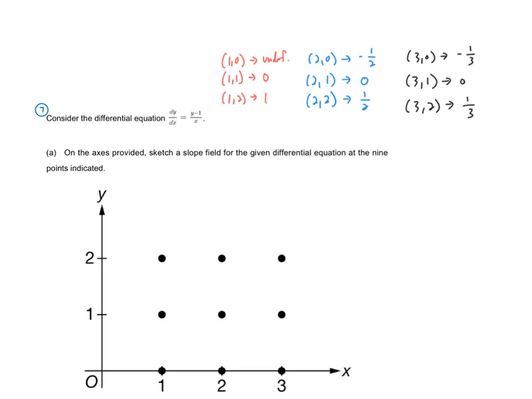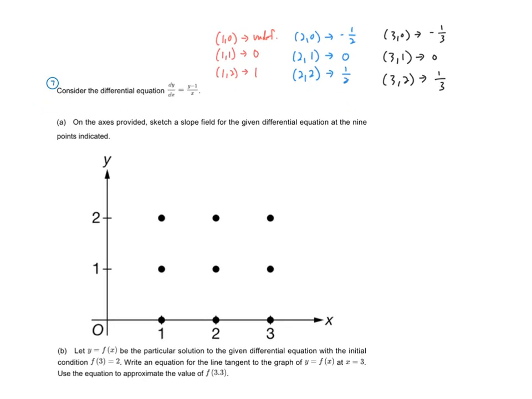Alright, now we'll just draw all these and estimate them. An undefined slope is just a vertical line. So at 1 comma 0, there'll be that line, so that's undefined. At 1, 1, the slope should be 0. At 1, 2, the slope should be 1. So that's a slope of 1, and just keep going like that. 2 comma 0 should be negative a half.